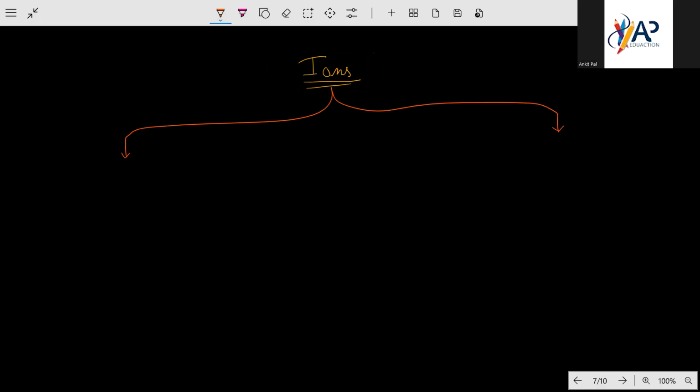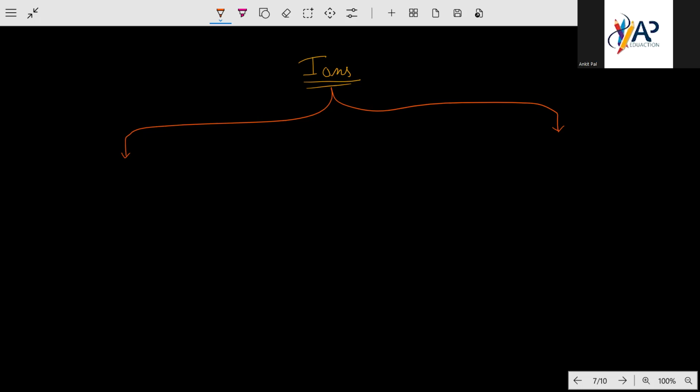If a body contains positive charge, tell me, is that body a cation or an anion? If it is positive, it is a cation. If it is negative, it is an anion. Very good.